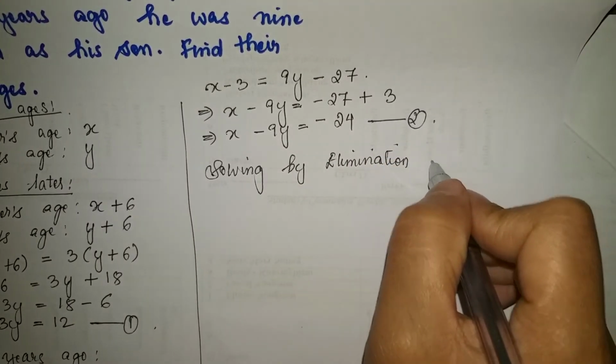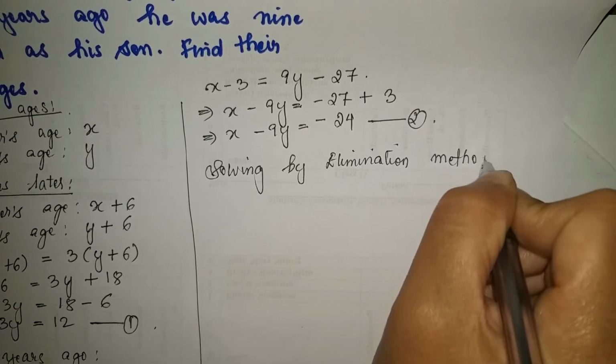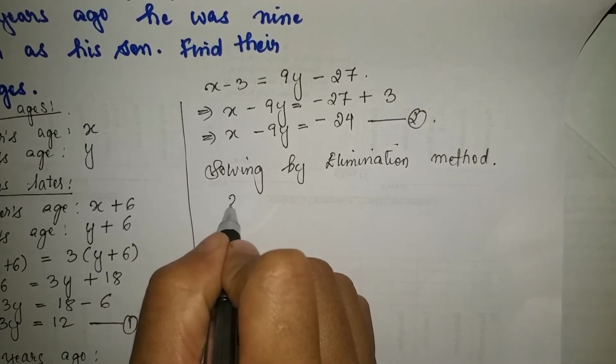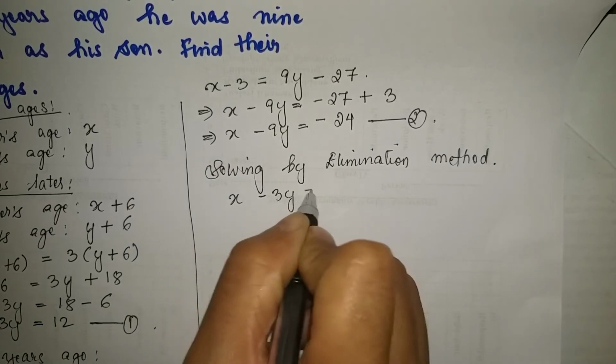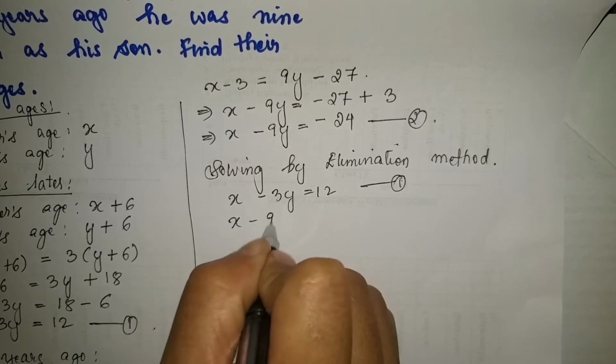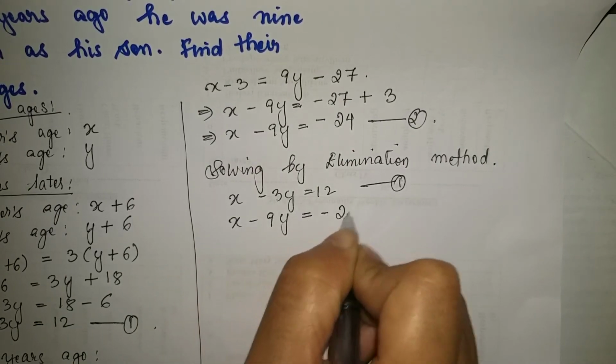Let me rewrite the two equations. The first one is x minus 3y is equal to 12. And the second one is x minus 9y equal to minus 24.